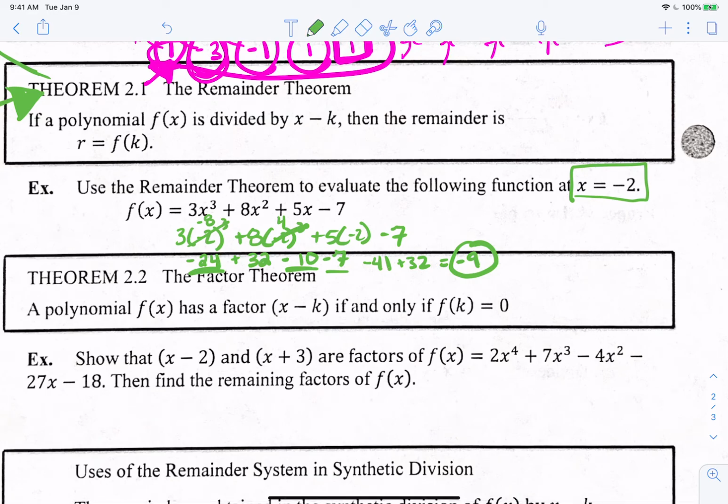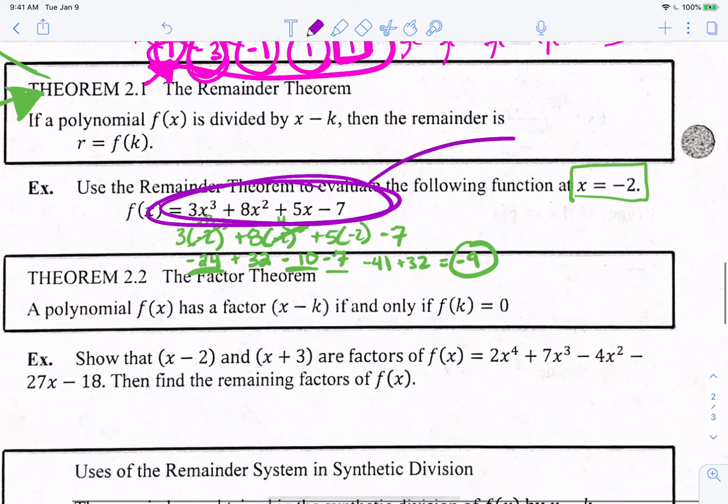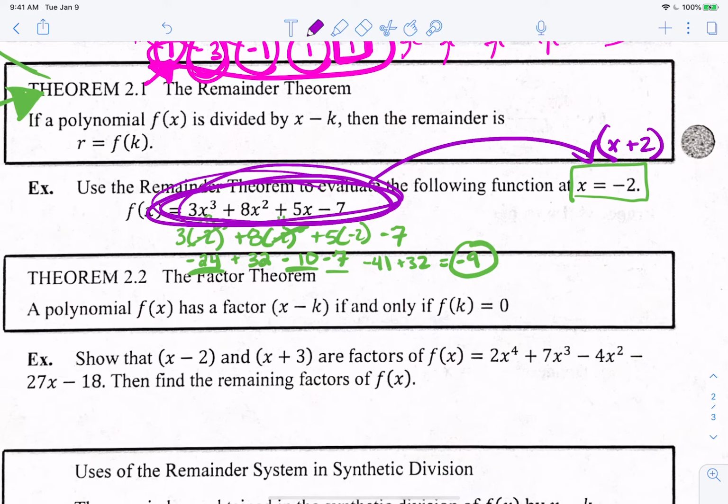If I take this function and divide by, not x equals -2, but x plus 2, because if x equals -2 then x plus 2 is the factor, what would the remainder be? -9.